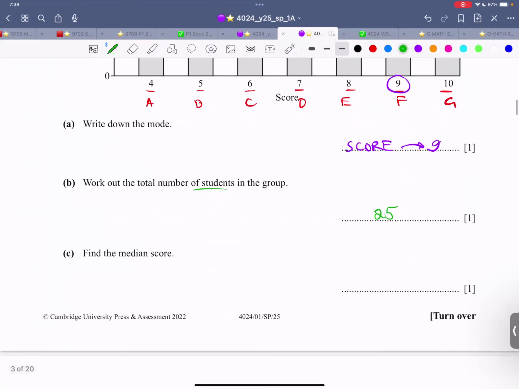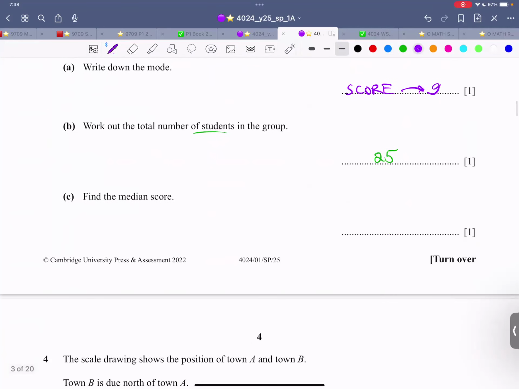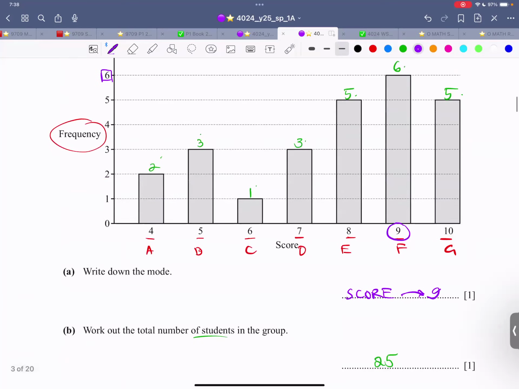Find the median score. The median score is the one that occurs in the middle. So 25 divided by 2 is 12.5. Round it up. That is the 13th value. That's in the middle. That means the score of 4 is occurring how many times? So this is occurring 2 times. So there is a 4 and a 4. And then we have a 3. 3 people are having this score. Then one person is having the score of 6.